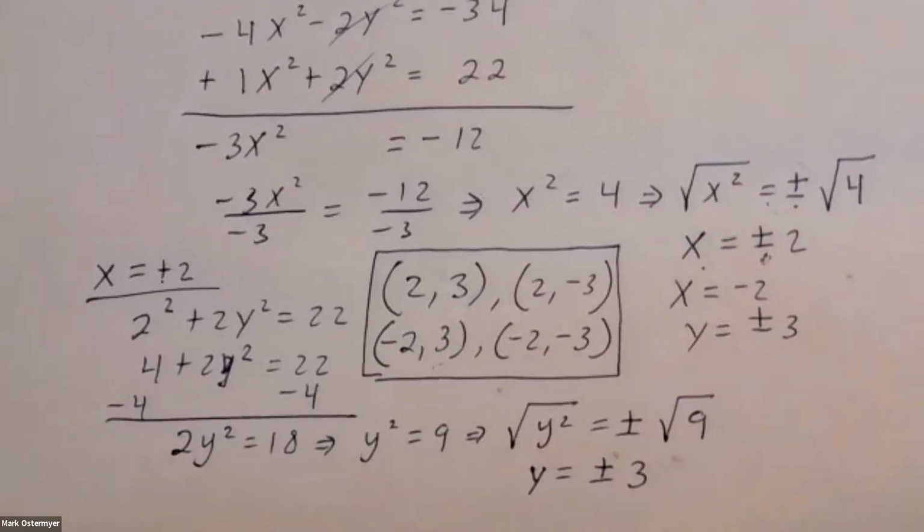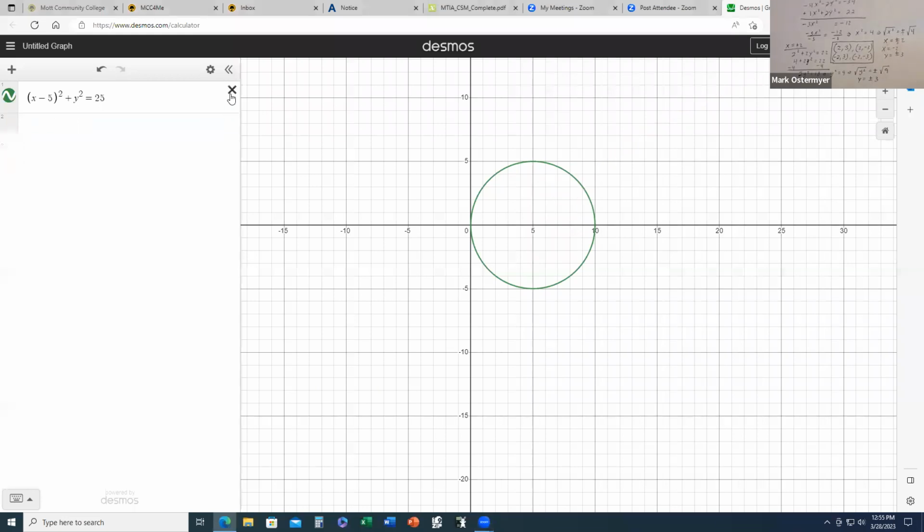Just so we can appreciate those solutions, the geometric interpretation can be shown by using, again, Desmos. So I will go there and throw these equations into Desmos and we'll graph them. So here we go.